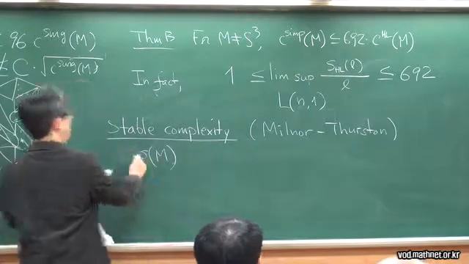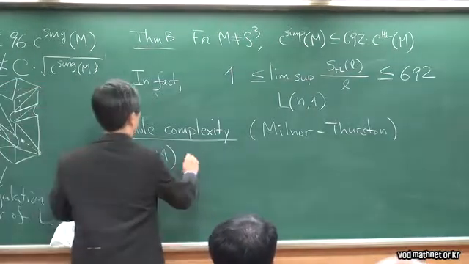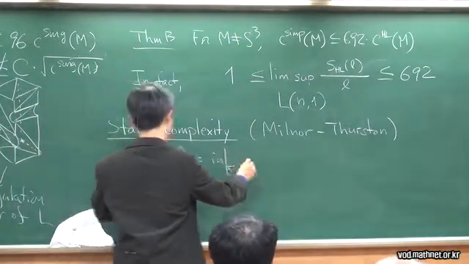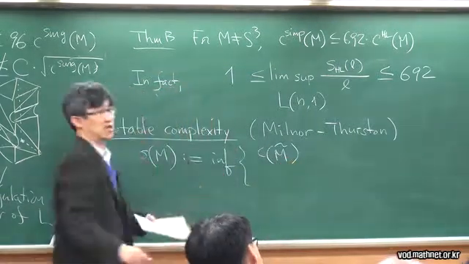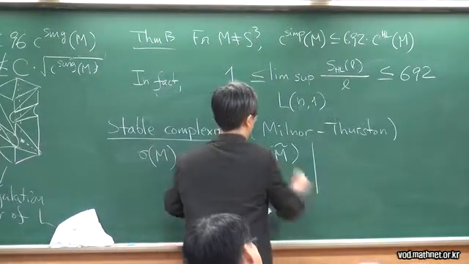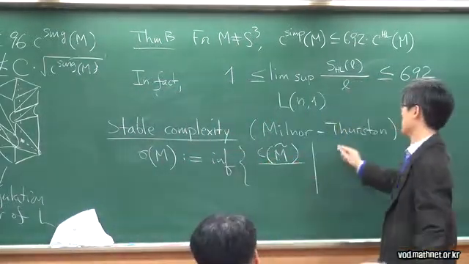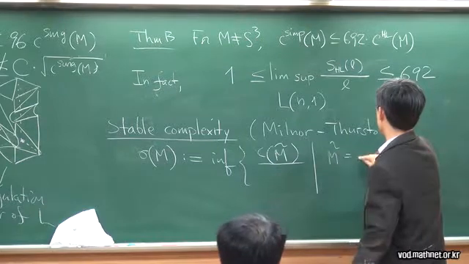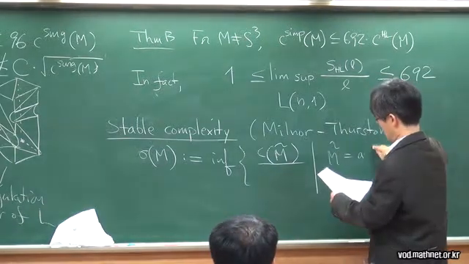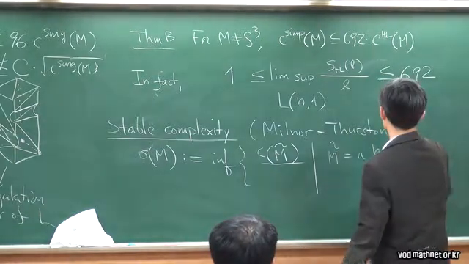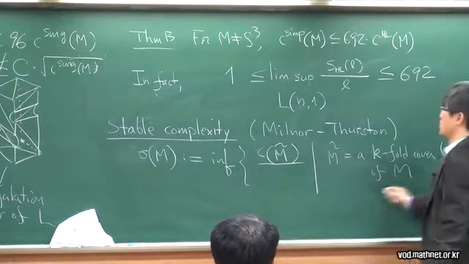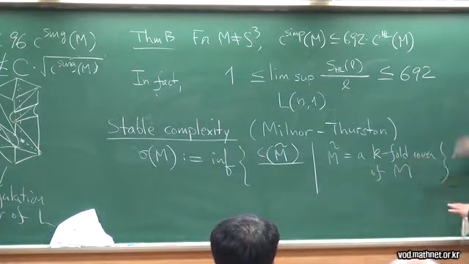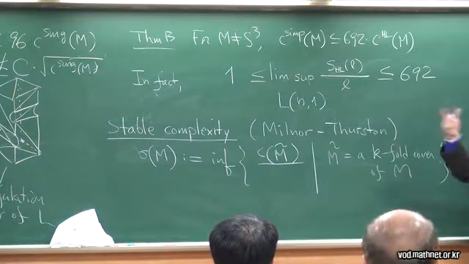So it's going to be denoted by sigma M. This is now the infimum of the complexity of M tilde over k, where M tilde is a k-fold cover of M. Then, because we take a k-fold cover, it's natural to expect a factor of k for the triangulation.